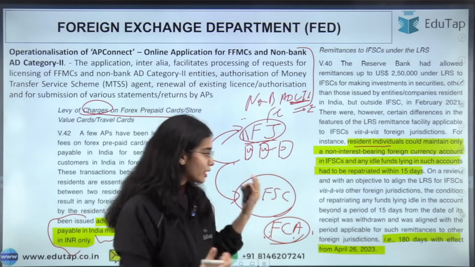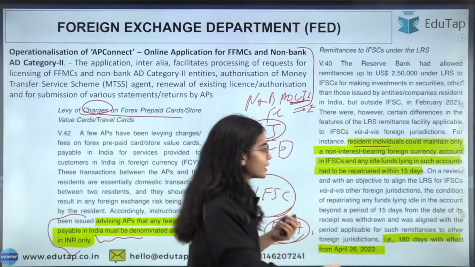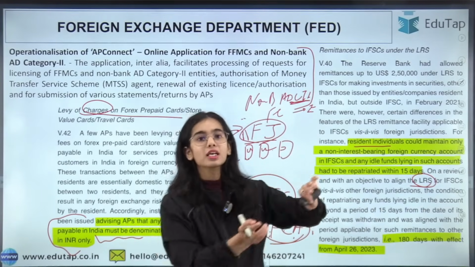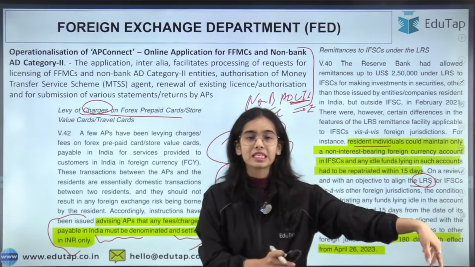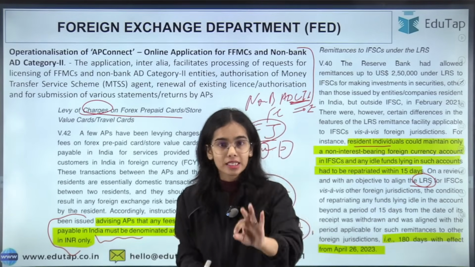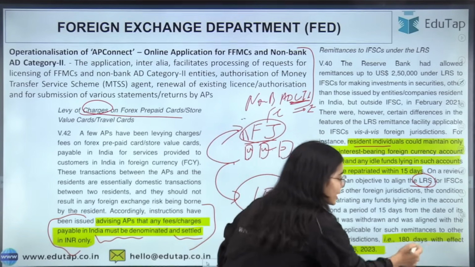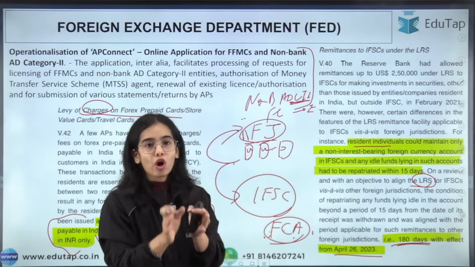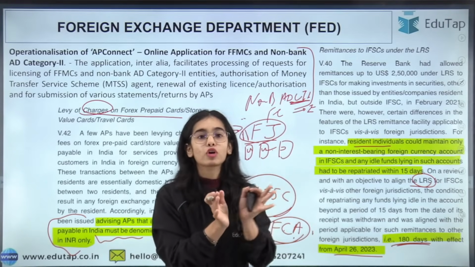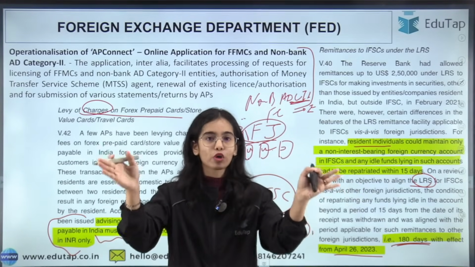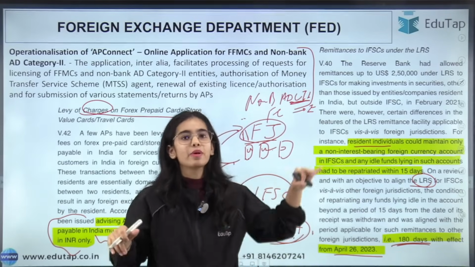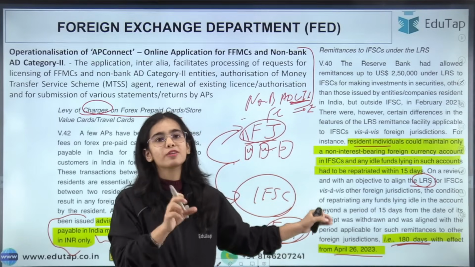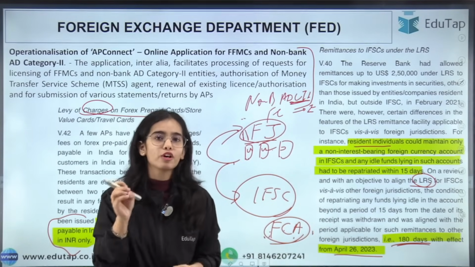So RBI later on gave complete guidelines that if the resident individuals are sending their money under the LRS to the IFSC and that money is being kept in the foreign currency account, the timeline is 180 days for that also, with effect from April 26, 2023. So the norms for the foreign jurisdictions, the foreign countries, and the norms for the IFSC have been made the same in terms of the LRS, especially for the money kept in the foreign currency accounts.